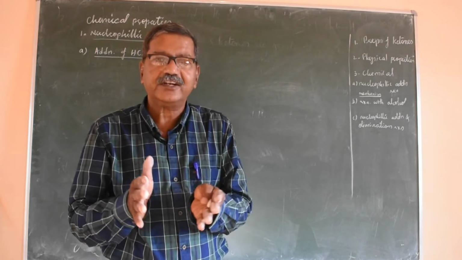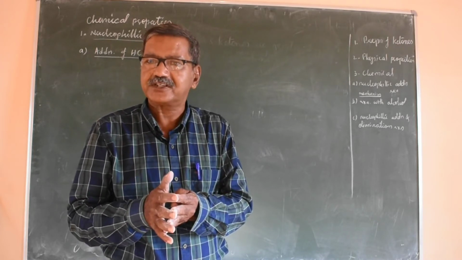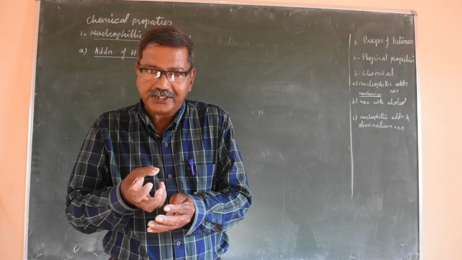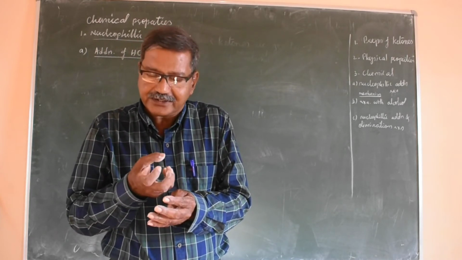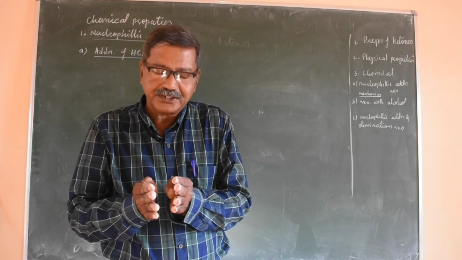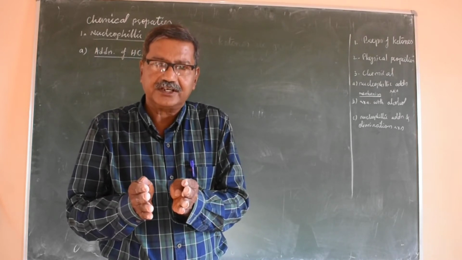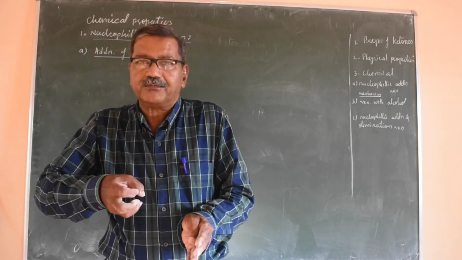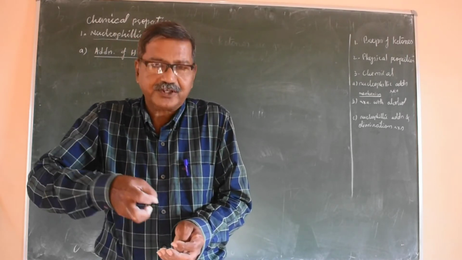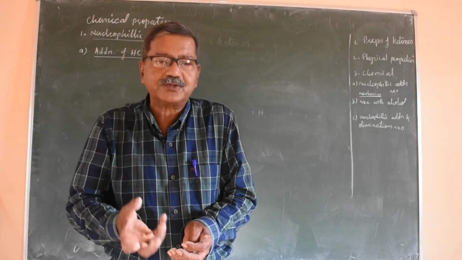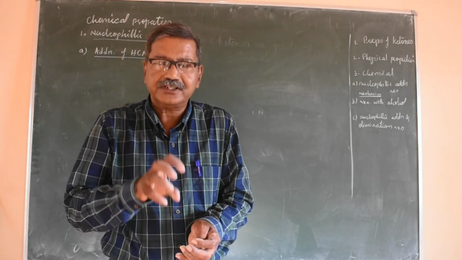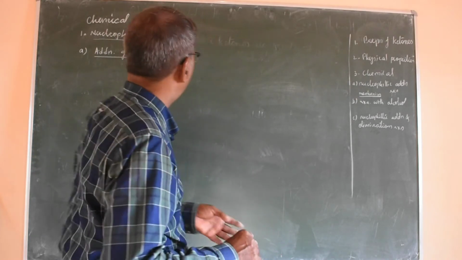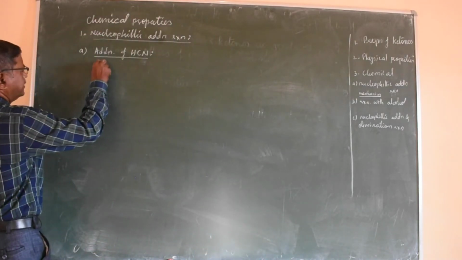How is that CN minus formed from HCN? You have to remove the H. Hydrocyanic acid HCN has weak dissociation, so the H plus has to be removed. To remove H plus from the acid, you have to use a base. So in the presence of base, CN minus is formed. Well, let us discuss the mechanism.